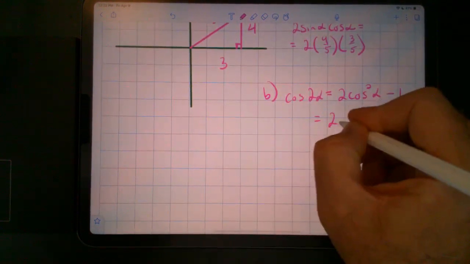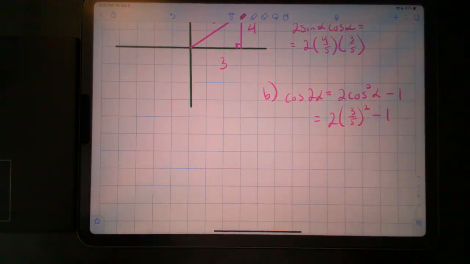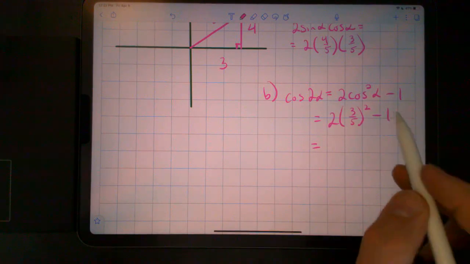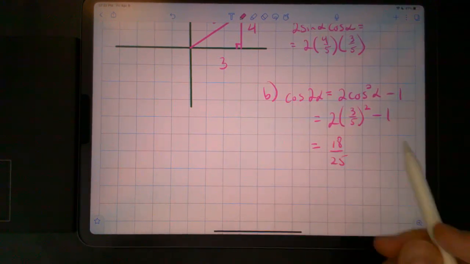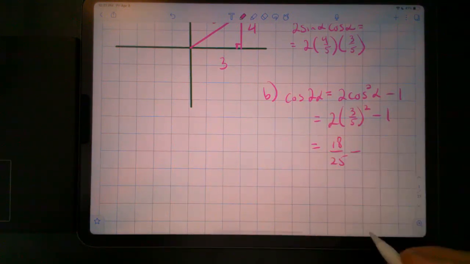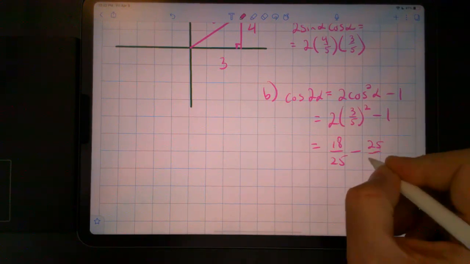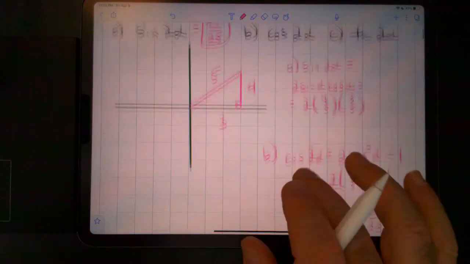So this is equal to 2 times 3/5 squared minus 1. So this will be 18 over 25. 3 squared is 9, 9 times 2 is 18. And then we're going to subtract 1 from it. So this is negative 7 over 25.